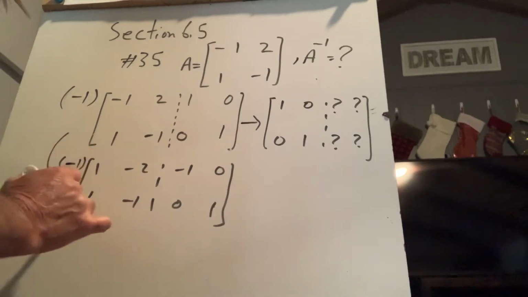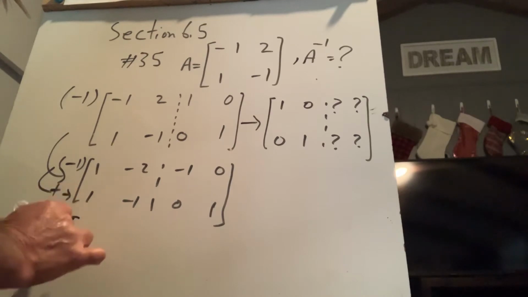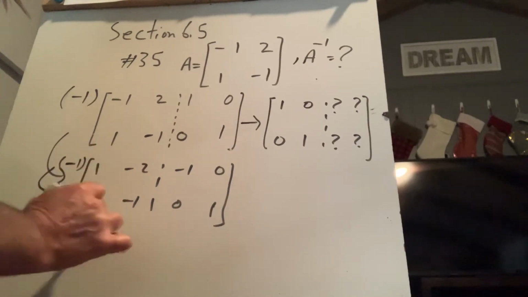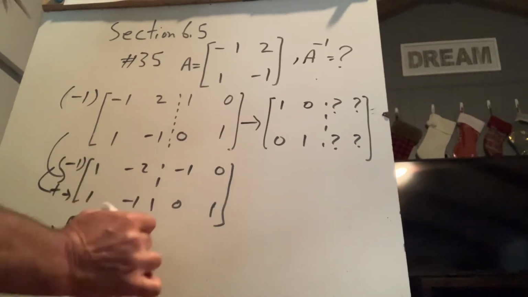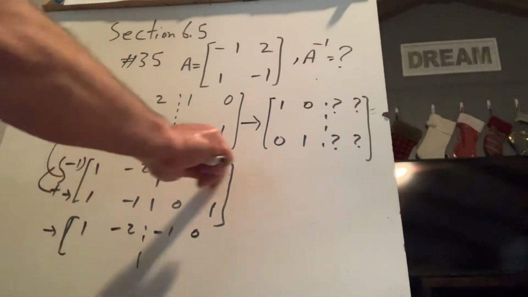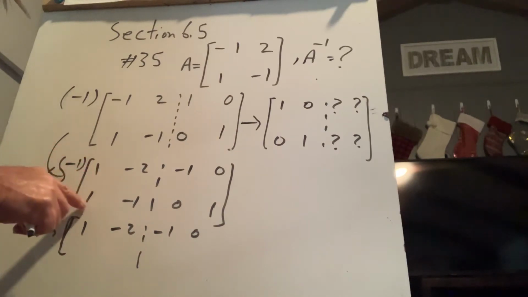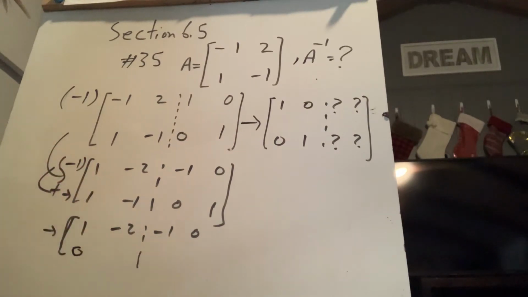The top row is going to stay the same, which is 1, -2, -1, 0. For the bottom row, we multiply the top row by -1 and add it to the second row. So -1 times 1 becomes -1 plus 1, which becomes 0. There's your 0.